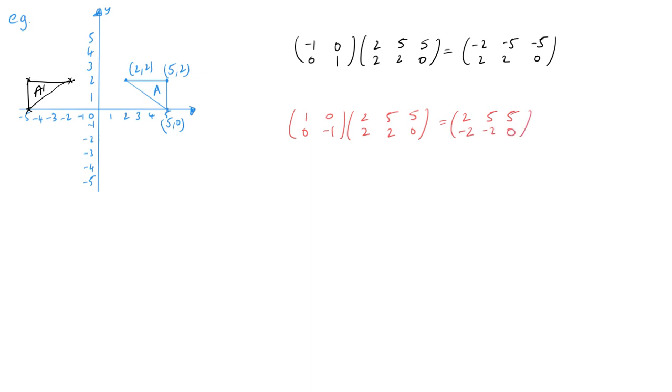Okay, so this is going to be 2, minus 2, so here, 5, minus 2 here, 5, 0 here. So there we can see a reflection in the x-axis, or the line y equals 0.